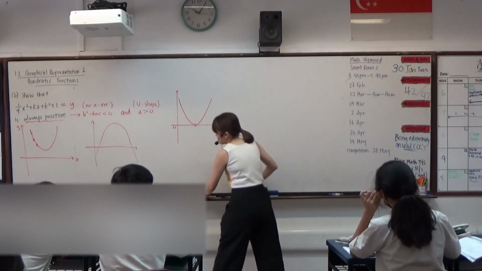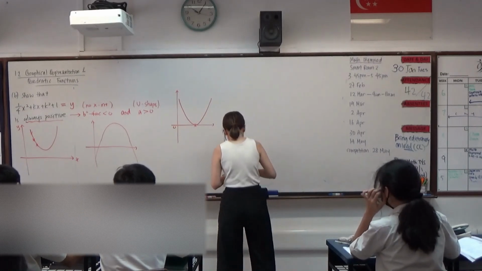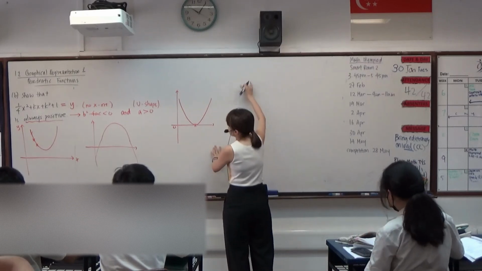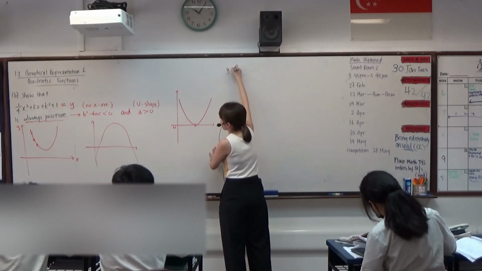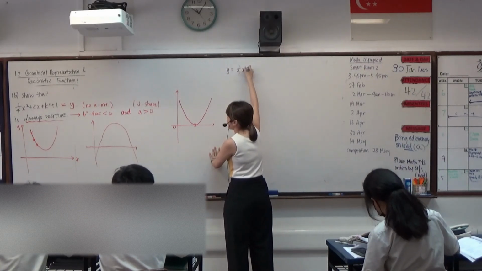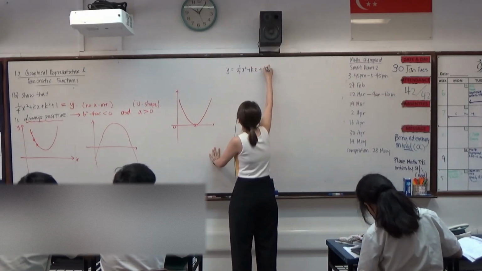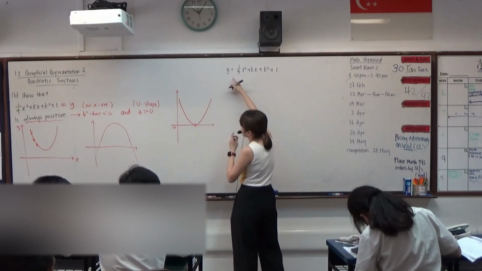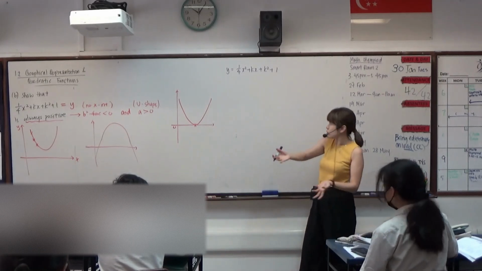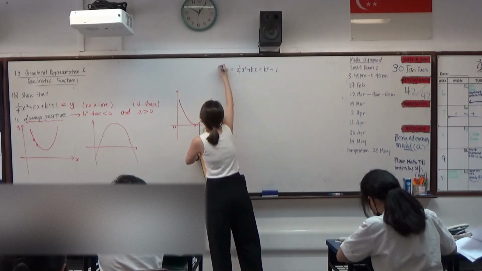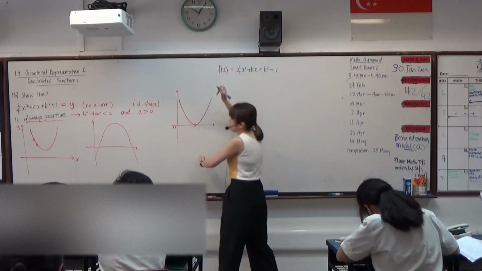I noticed that some of you are still a little bit confused in terms of recognizing your a, b, and c. The question did not state f(x), but you can introduce it, or you can use y also.